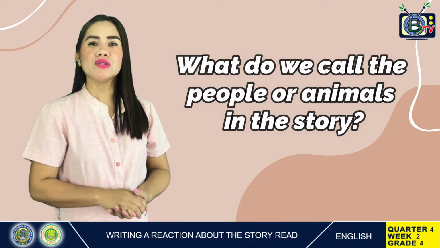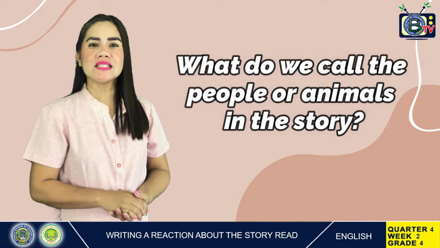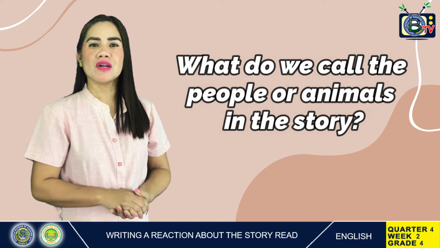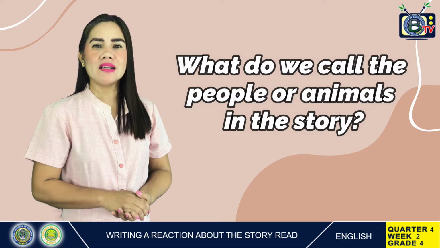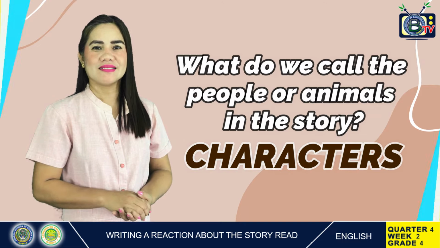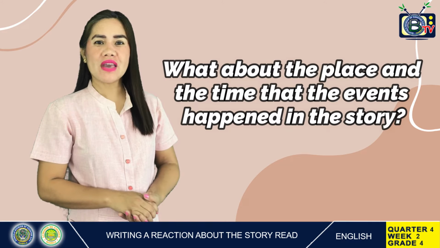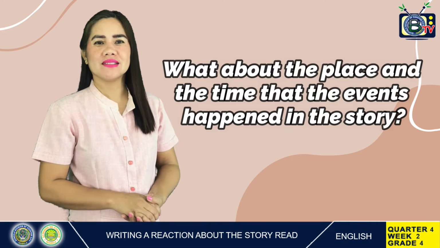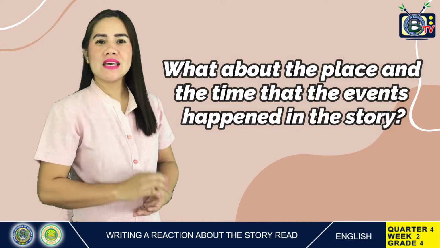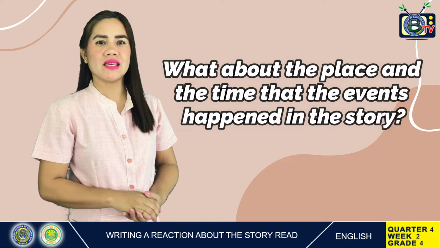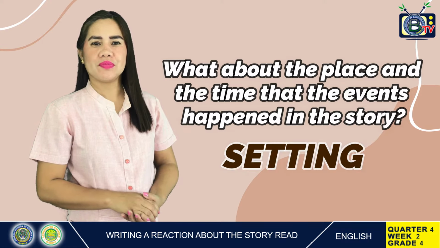What do we call the people or animals in the story? Yes, the people or animals in the story are the characters. What about the place and the time that the events happened in the story? Yes, the place and the time that the events happened in the story is the setting.